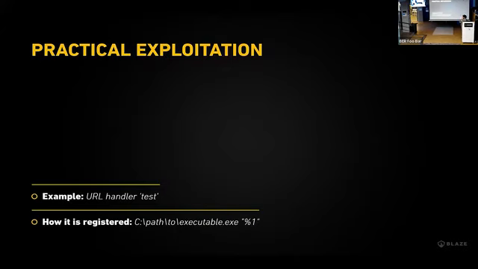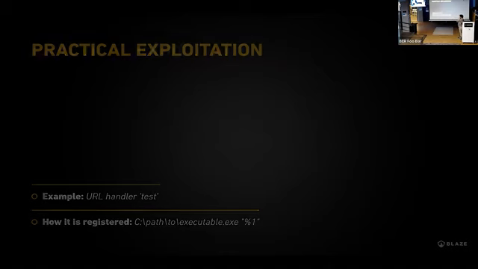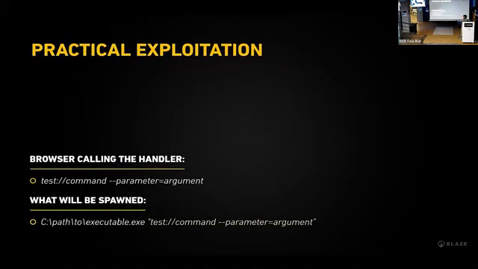If you have a URL handler, let's say test, that registers itself as an executable in quotes with %1. If you call test: and whatever argument, it will just call executable.exe with that particular argument, right?